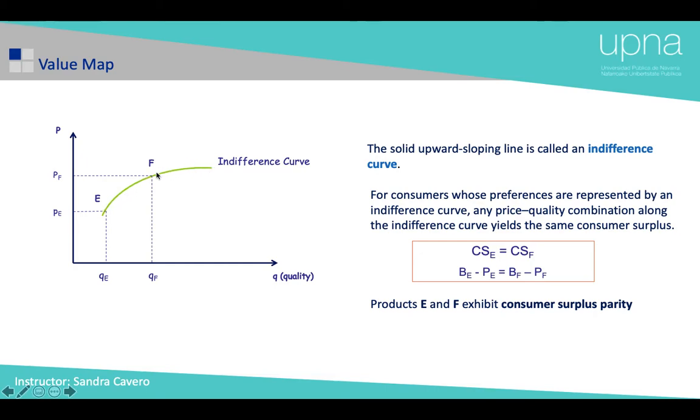Given any indifference curve of a market, firms can make different offers, different price quality combinations. But if products align along an indifference curve, that means that they exhibit consumer surplus parity. That is exactly, they are offering the same consumer surplus to consumers in the market.